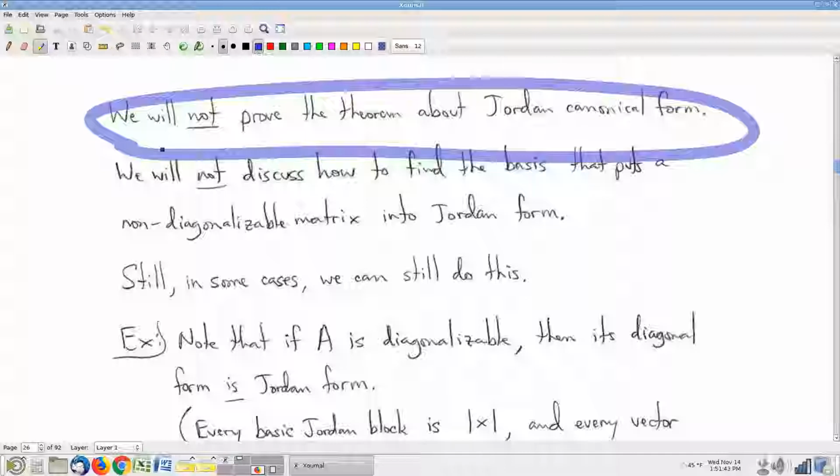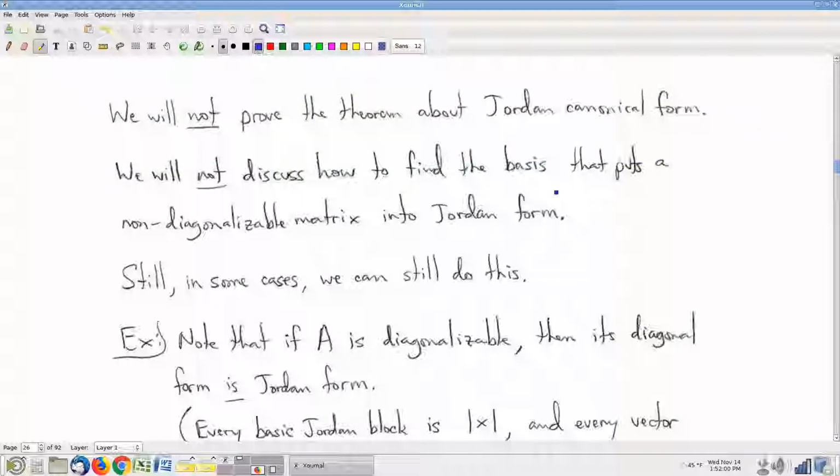By the way, there are two theorems: first, that every matrix can be put into Jordan form, which is a hard thing to prove; and secondly, that up to rearrangements, Jordan form is unique, which is another hard thing to prove. Anyway, we're not going to do that in Math 216, so you're absolved of any responsibility for that.